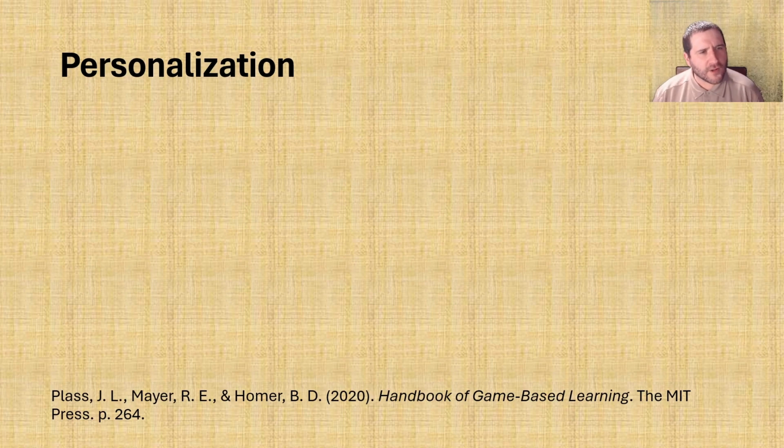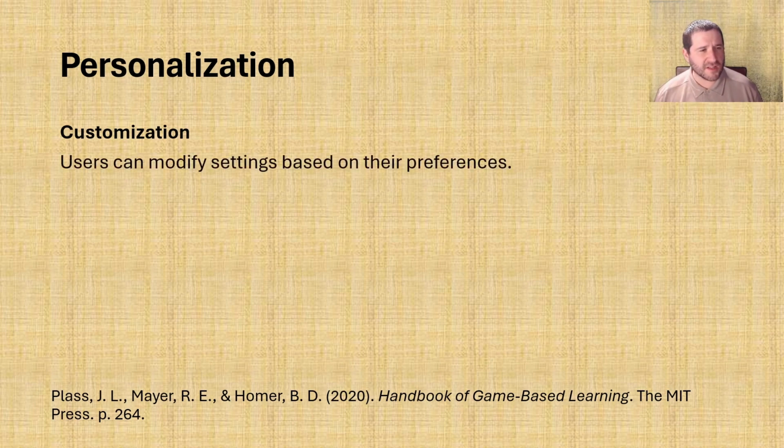All right, now the first idea I want to talk about this week is the idea of personalization. Plass and friends in our Handbook of Game-Based Learning have three categories of personalization that they talk about. The first is customization in games. Customization is when users can modify settings and choose options based on their preferences.